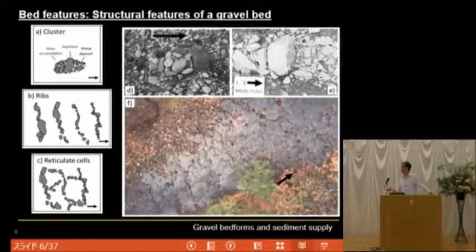There are also these structural features of a gravel bed that we've heard a little bit about at the conference already, and that Michael Church and Marwan Hassan have written about quite extensively. I'll say, starting out, that clustering of particles in gravel transport is just part of the process. One particular grain size seems to like to find grains of similar sizes and then fall into the wakes of those, and you get this clustering, and then that cluster breaks up and the particles move on.